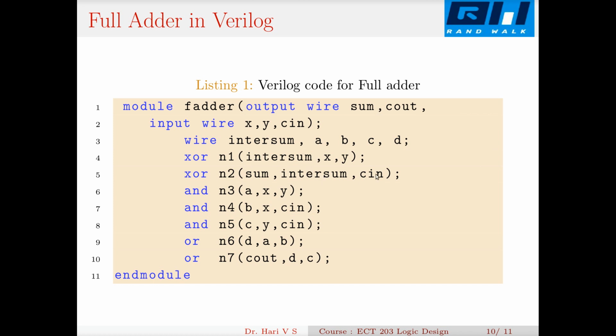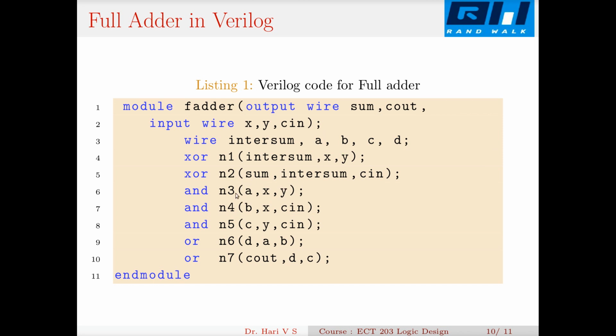That is XORed with Cin to get the sum. These two lines create a 3-input XOR gate, so what it ultimately does is into this 3-input gate I give X, Y and Cin, and it generates the sum output.